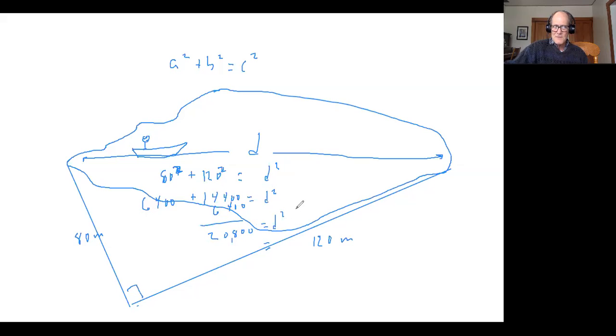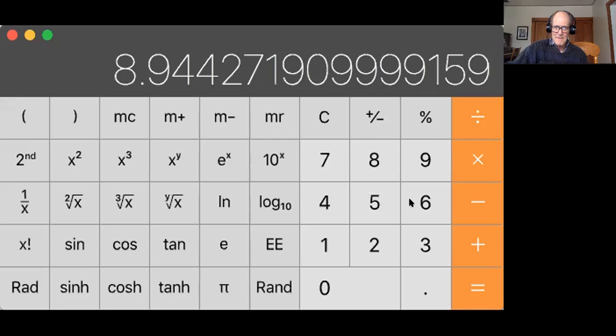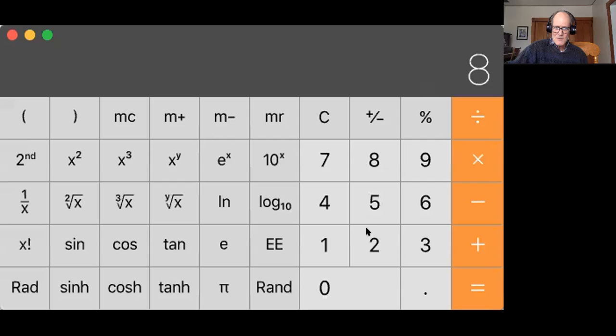Let's see if we get that right. Let's use our calculator and see if we got it right. So we go 80 squared, right there, plus 120 squared. There we go, and that equals 20,800.